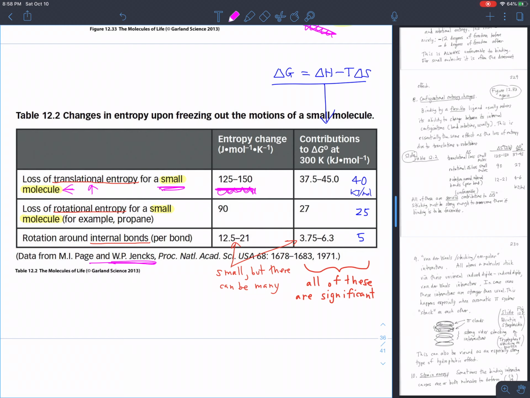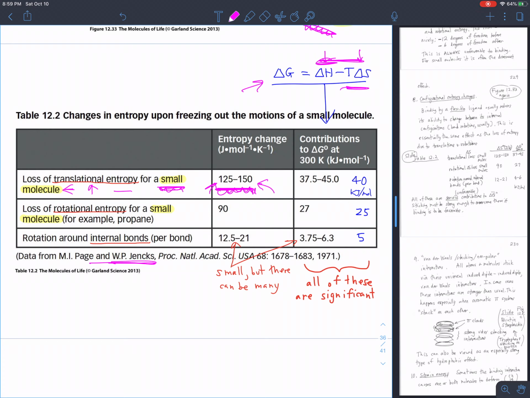So water molecules, for example, are small molecules. Every single one of them that gets released, let's say, upon binding is gaining that much entropy or something like that much entropy. On the other hand, whenever a ligand and a protein come together, you're losing this much entropy. And that entropy change can be converted into a delta G change, if you want to think in terms of delta Gs, which is often what people do, by using delta H minus T delta S, where the delta H is 0.